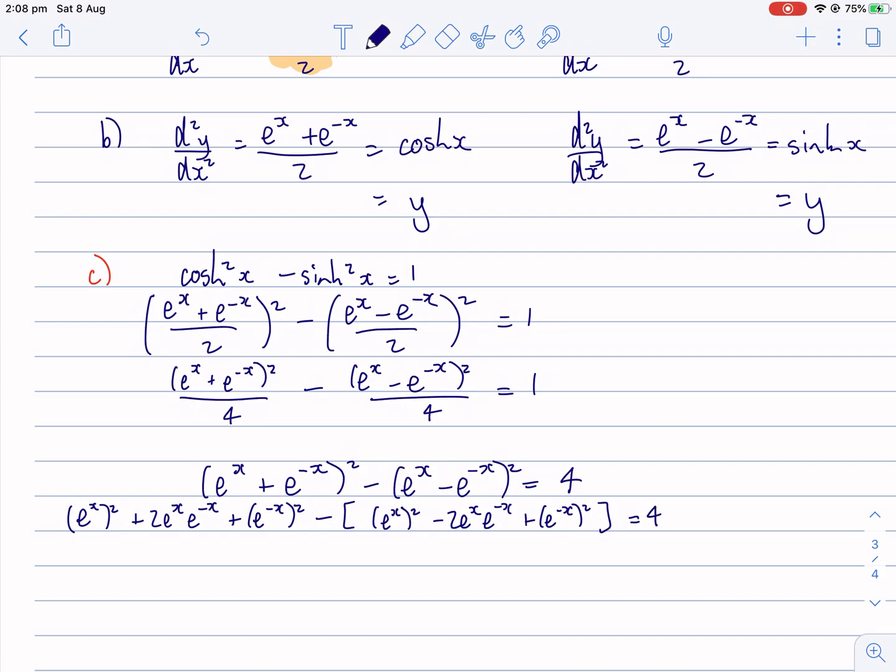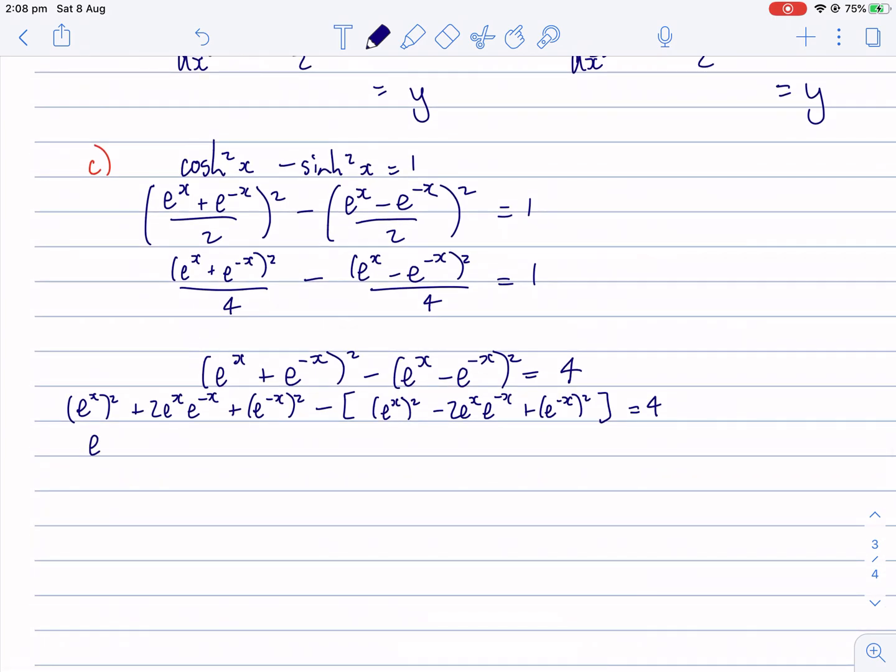The whole thing should come out as 4. So we've got e to the 2x plus 2, e to the x times e to the minus x is e to the 0, plus e to the negative 2x, because you multiply the powers, take e to the 2x plus 2e to the 0, take e to the minus 2x.